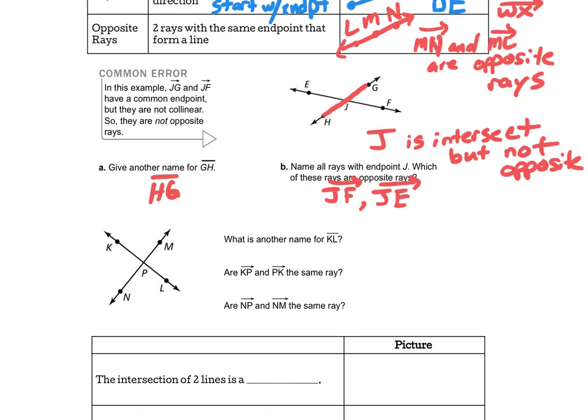So if I start at J and go to F, opposite of that would start at J and go to E. Okay? Because it goes in the opposite direction of it. Okay? If I said JG, what would be opposite of JG? JH. Okay? And it's really important that we start with J in all four of those, because J is my starting point.